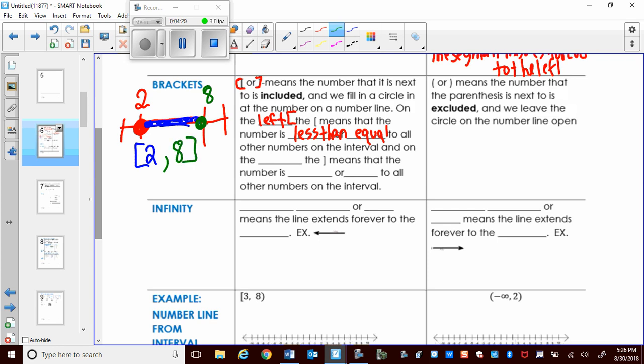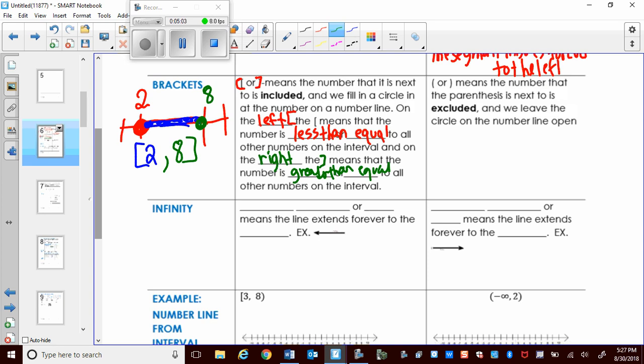So to finish this sentence, on the right, the hard bracket means that the number is greater than or equal to all numbers on that segment. So look at 8. 8 is greater than or equal to all numbers between 2 and 8. 2 is less than or equal to all numbers between 2 and 8.